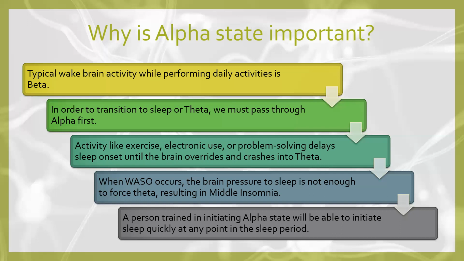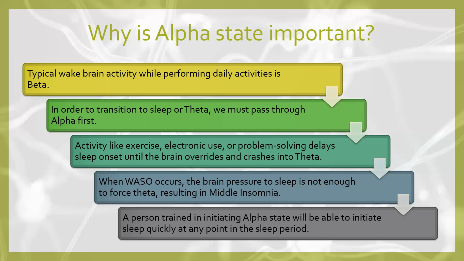Typically, if you're doing everything right, you're closing your eyes, you're not exposing yourself to activities in your bedroom that are trying to keep you awake, you'll probably go into alpha for a fair amount of time, probably anywhere between 5 and 20 minutes, which is a nice calm state. And then you'll shift into theta.